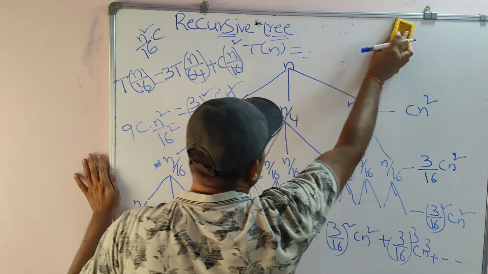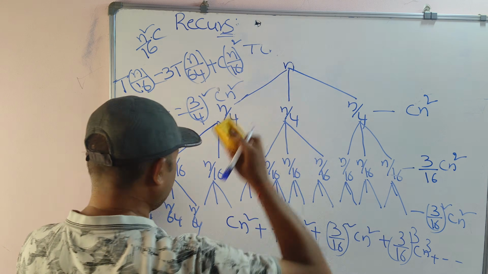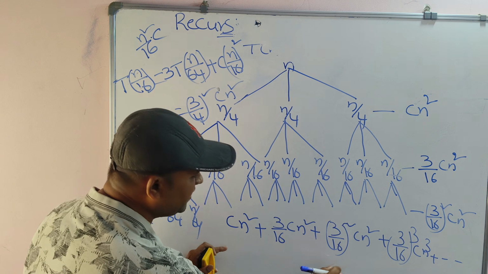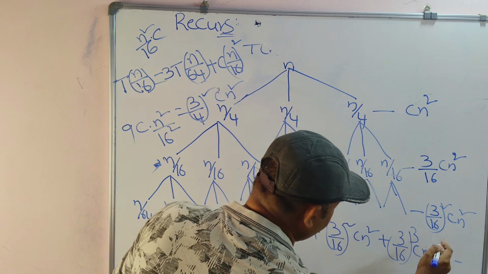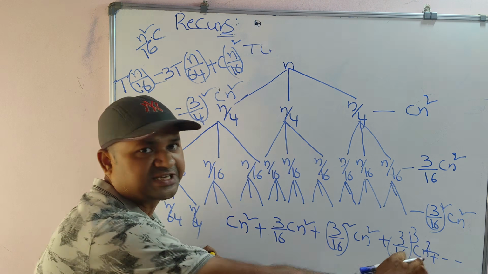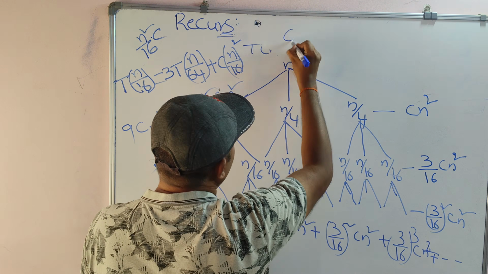For space constraints, I am erasing this portion. Cn² is common in every part, so let us take cn² common.